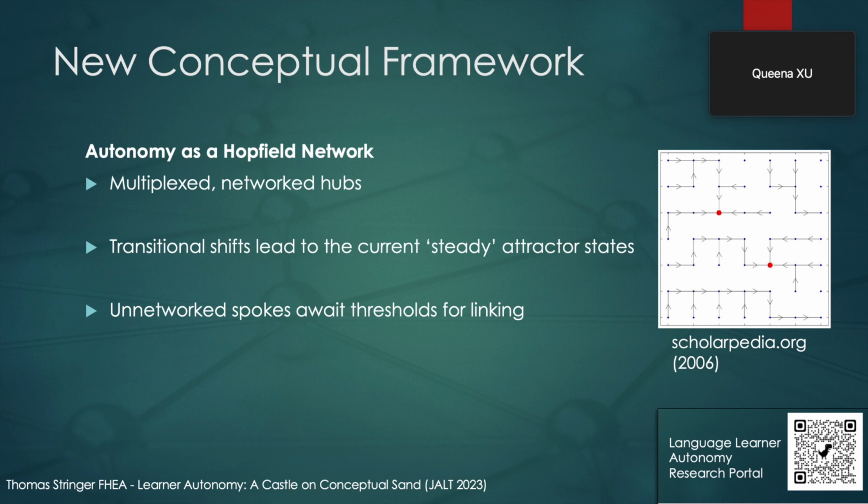So we've got lots of these little multiplexed networked hubs, from the previous conceptual models that we've discussed earlier in the presentation. And then there are these transitional shifts where different nodes within the network connect to one another, right? And then there will be steady attractor states within the system, and there are others which are awaiting linkage, so they exist in potentia, as it were.